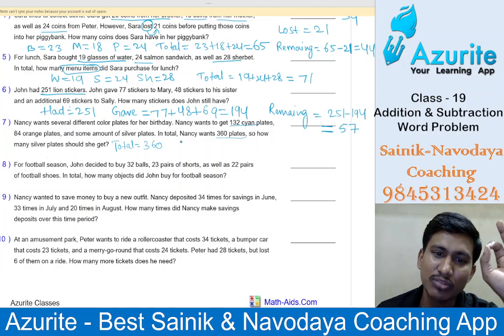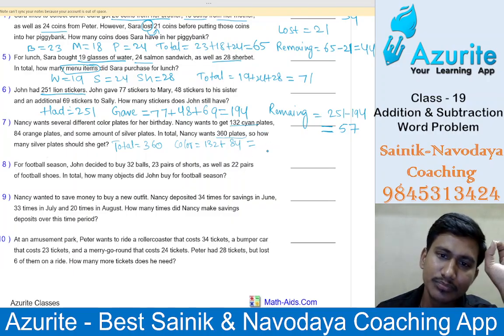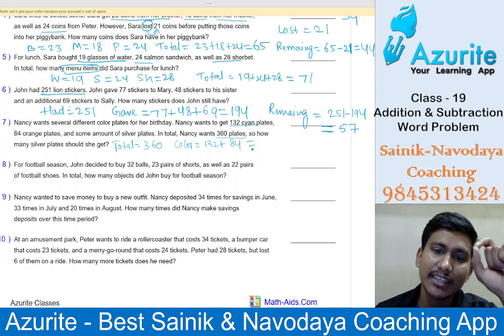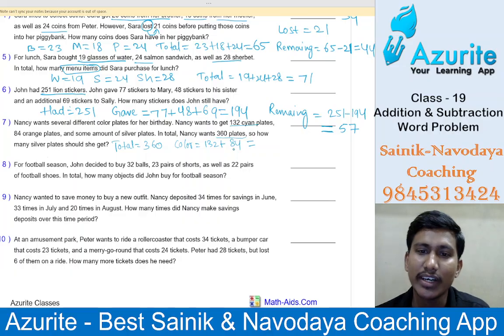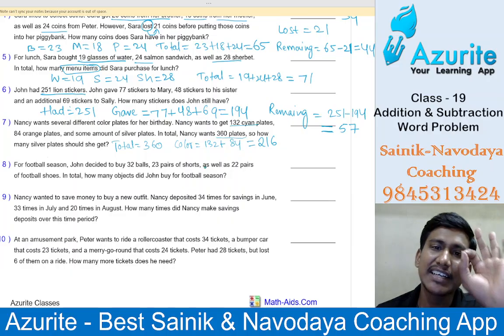That is color. How many color are there now? That is 132 plus 84 are already there, isn't it? So total will be how much here? 132 plus 84, if you add, it will be 130 plus 80 is 210 plus 6, 216 are already there.